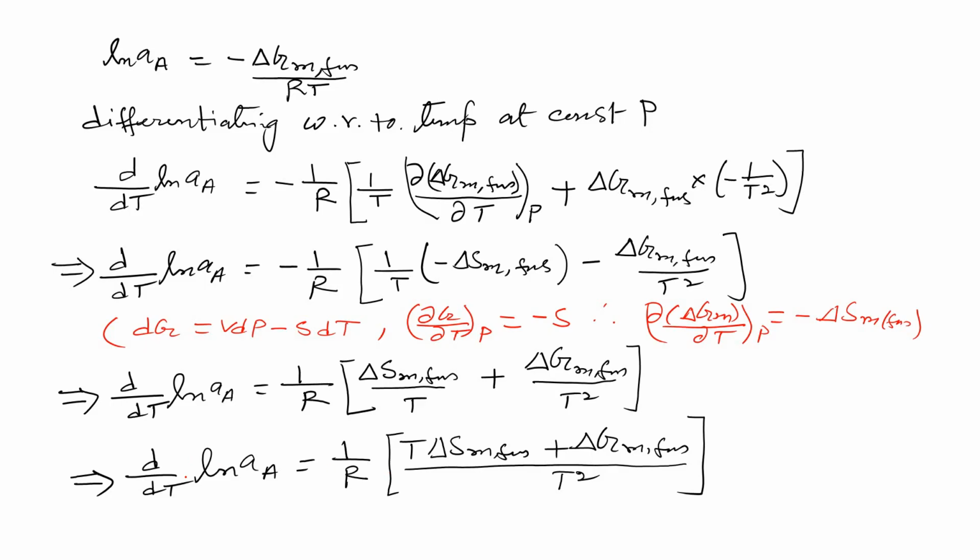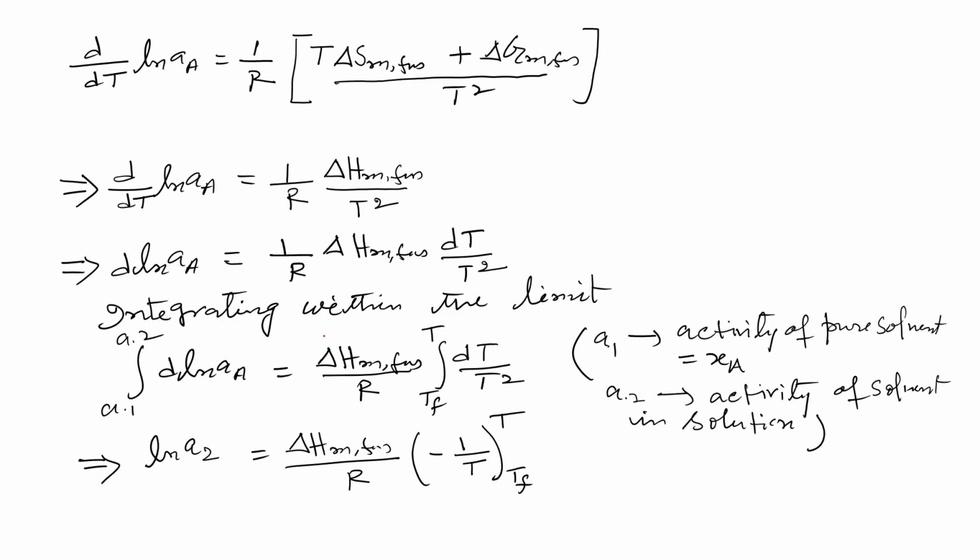And here it is 1 by R, that is this term is equal to d/dt of ln A, activity of A. So once again you have written this one. Now here, d/dt of ln activity of A is equal to, now look at this equation, we know that G is equal to H minus TS.